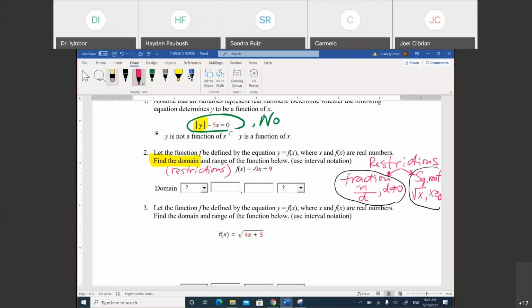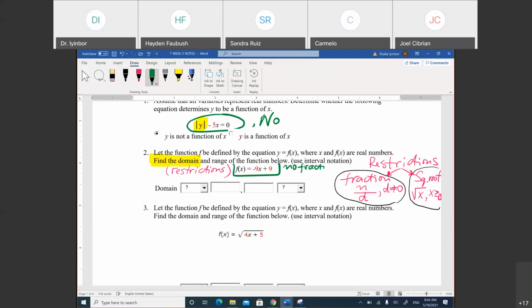So, how do you do that? Finding the domain is the keyword here. We have this function given. This is my function. Negative 9x plus 9 is my function. So how are you going to find the domain? Does the function have a fraction? No, no fraction. Does the function have a square root?